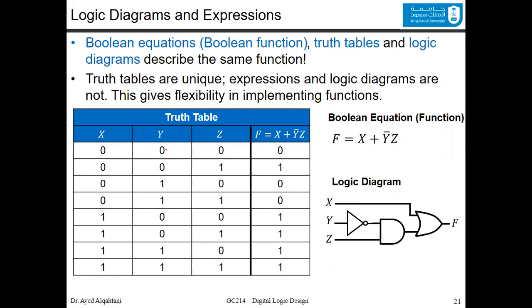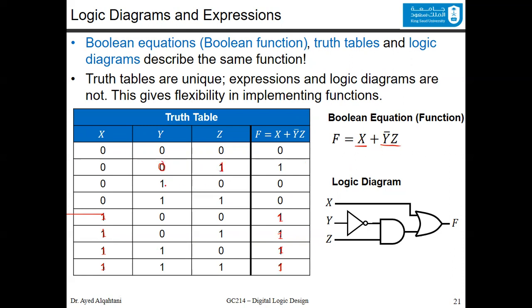After you fill the x, y, and z values, you can generate the function by observing the terms. The first term here is x, which means whenever the x is 1, you can see that the x is 1 here, the output is going to be 1, regardless of the other variables, because they are not shown in the term. Similarly, for the other term, when there is y bar and z, meaning the y is equal to 0 and the z is 1.